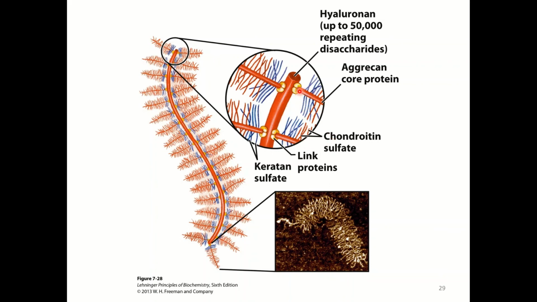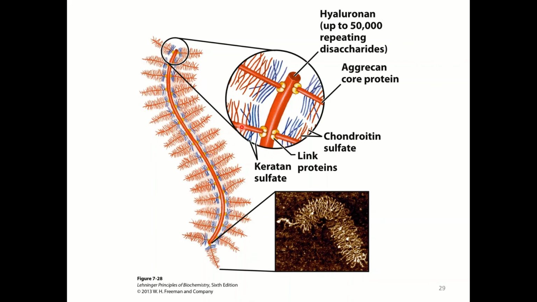Attached to the aggregate protein are these blue and red sort of little feelers, these sticks. Those are other polysaccharides, the chondroitin sulfate and the keratan sulfate. And again, those are very polar, very negatively charged.